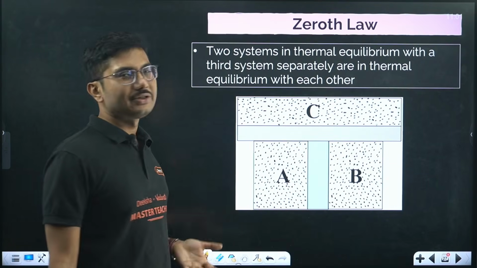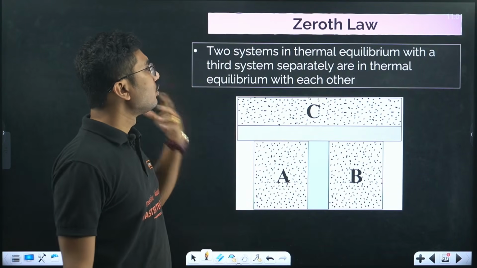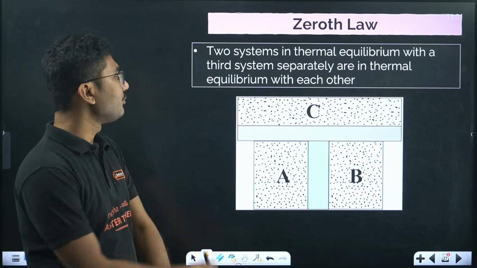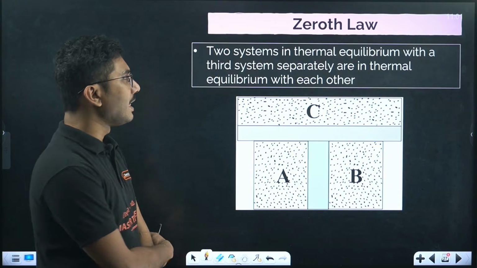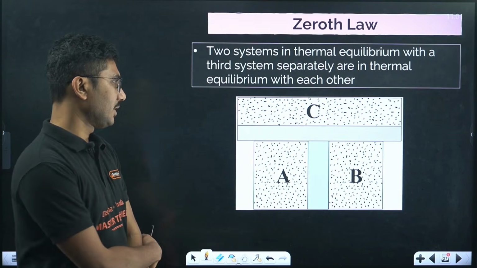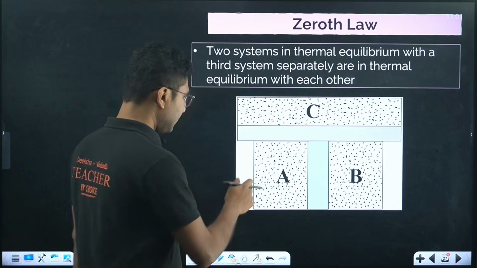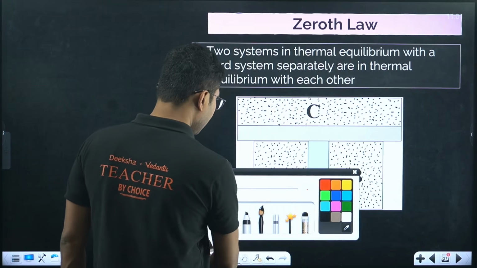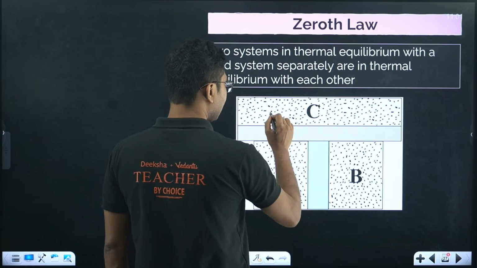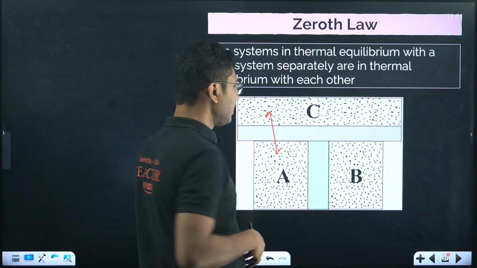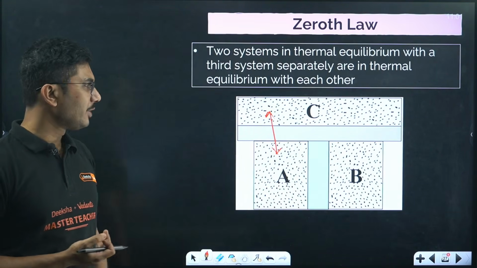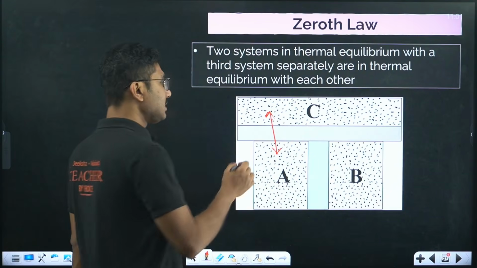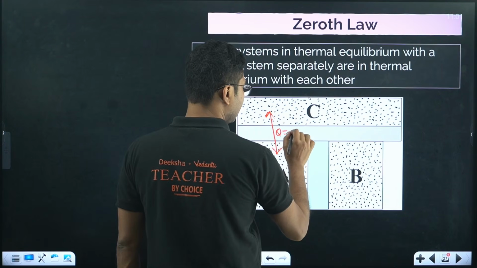So what is the zeroth law? The zeroth law is very simple. It says that two systems in thermal equilibrium with a third system separately are in thermal equilibrium with each other. Suppose this is the diagram, and suppose this object A is in thermal equilibrium with object C. What is the meaning of thermal equilibrium? It means the heat exchange is zero.